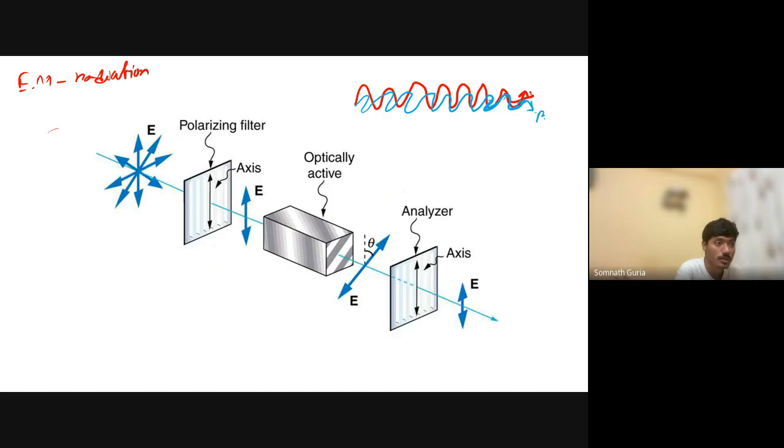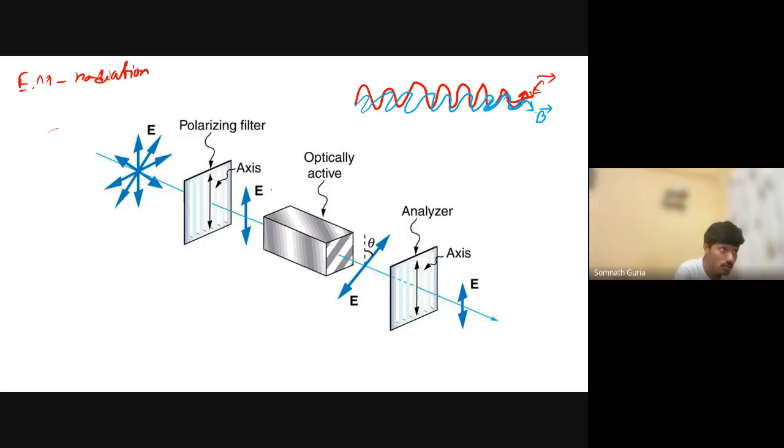This is the B, and this is the E. Okay, so B and E are perpendicular to each other.